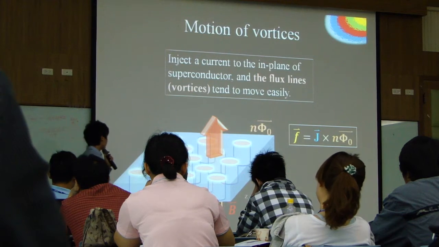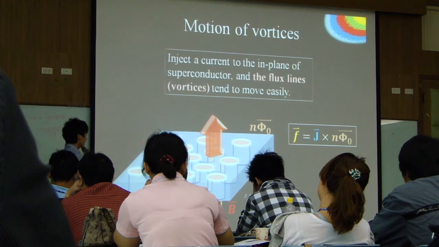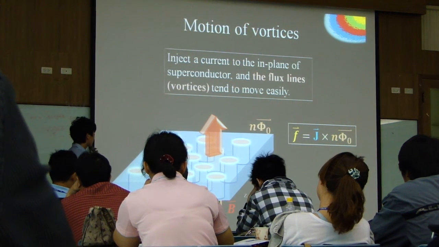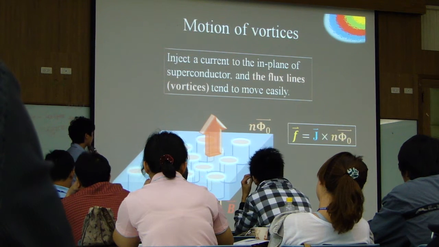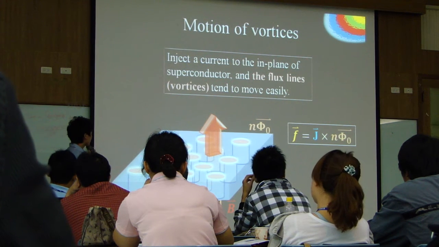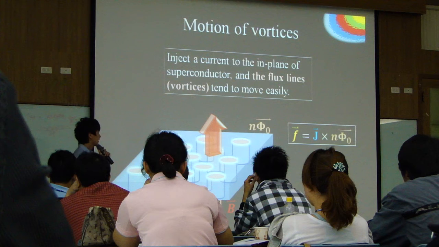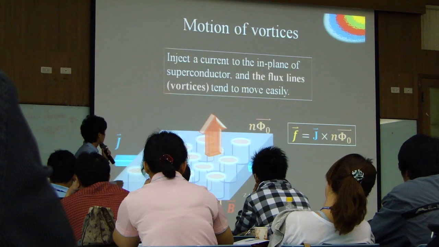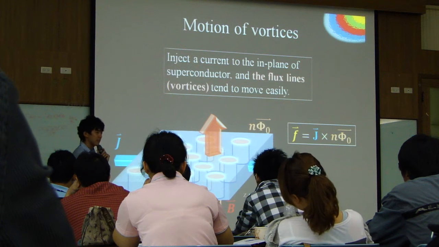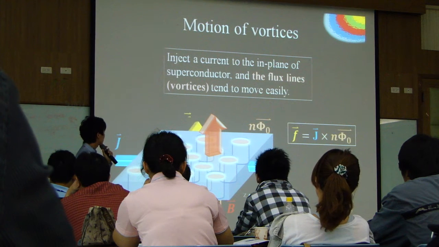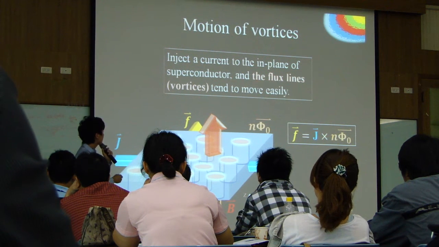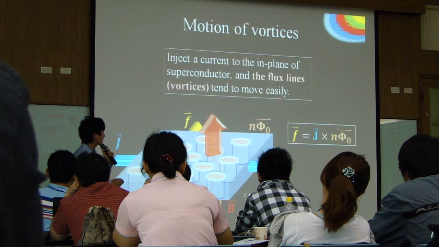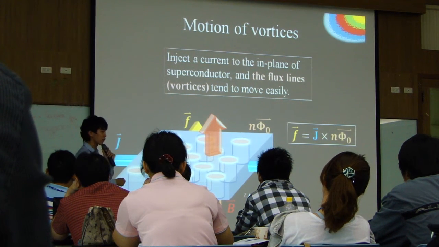So this is the superconductor in the mixed state, and we apply the magnetic field perpendicular to the superconductor. The pink circle is the vortex. If we inject a current into the superconductor along the x-axis, the vortex will tend to move easily because of the Lorentz force.